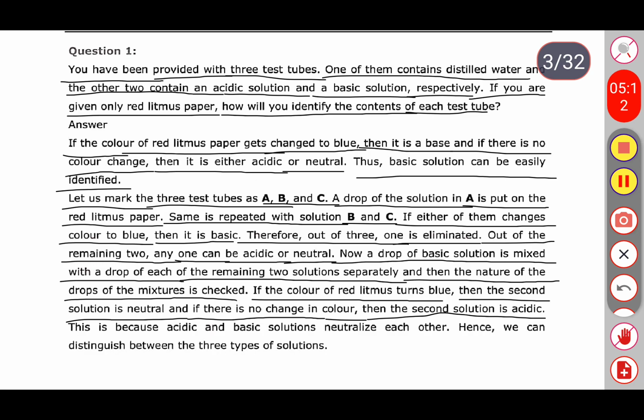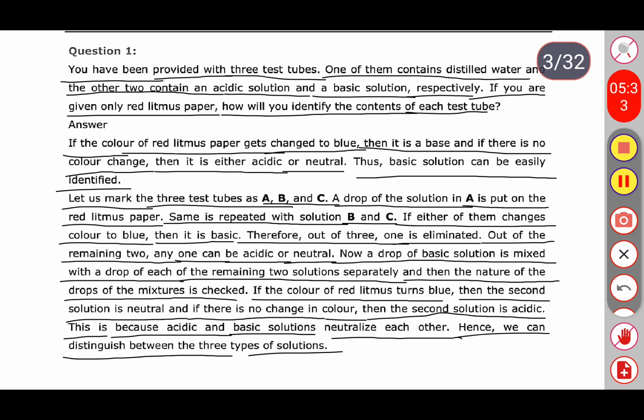This is because acidic and basic solutions neutralize each other, hence we can distinguish between the three types of the solutions. So this is the answer of the first question.